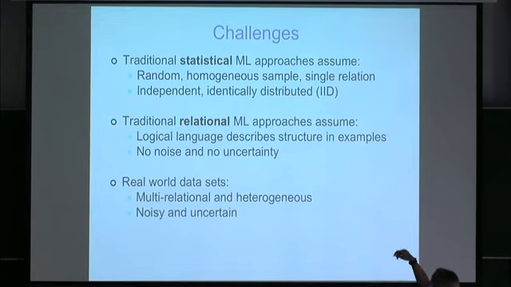Then there actually is an older line of work in the machine learning community, before they discovered statistics, where they were thinking very much in the combinatorial hat. So it was much more about logical descriptions of the data and being able to talk about whether this description covers these things. And the advantage of this work is that it did have a nice language for talking about the structure in the data. But real-world data sets, we know, don't obey this property.